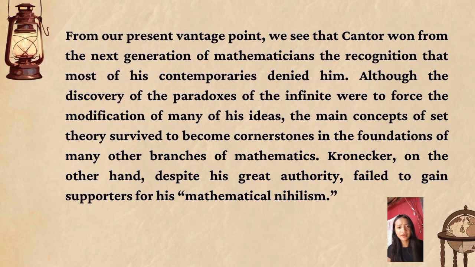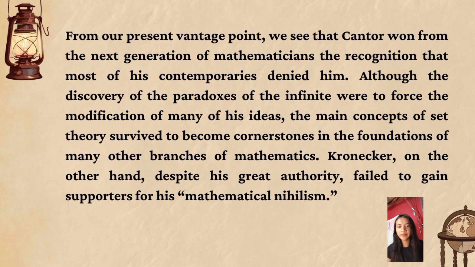On the other hand, Kronecker, despite his significant authority in the field, failed to gain support for his views. His mathematical nihilism, his rejection of abstract concepts like infinite sets, was ultimately overshadowed by the acceptance and development of Cantor's groundbreaking work.